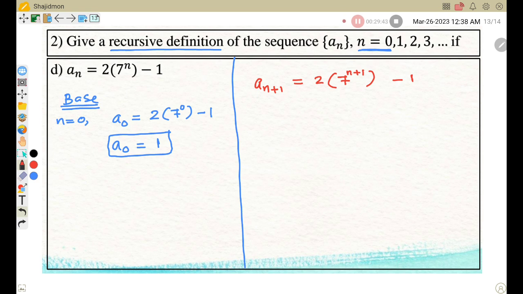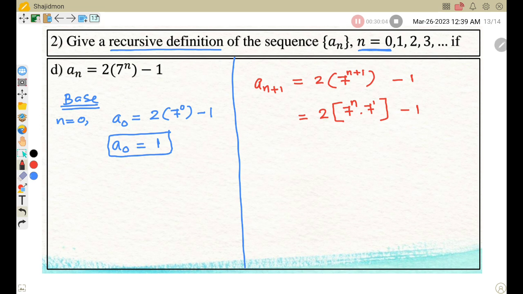Now we are going to simplify. Equal to 2 multiply, actually 7 power n plus 1, how to write that one? 7 power n multiply 7 power 1, correct? That is 7 power n plus 1, minus 1. We can split into 2, 7 power n multiply 7.